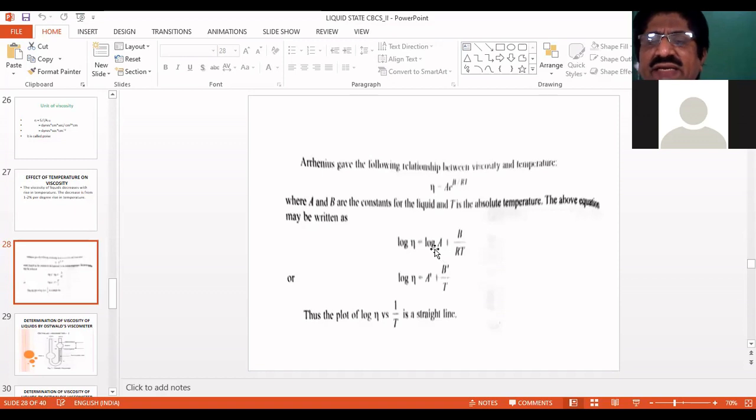So by taking the intercept and the slope, it is possible to calculate the constants A and B using this equation. So this is the effect of temperature on the viscosity of the liquid.